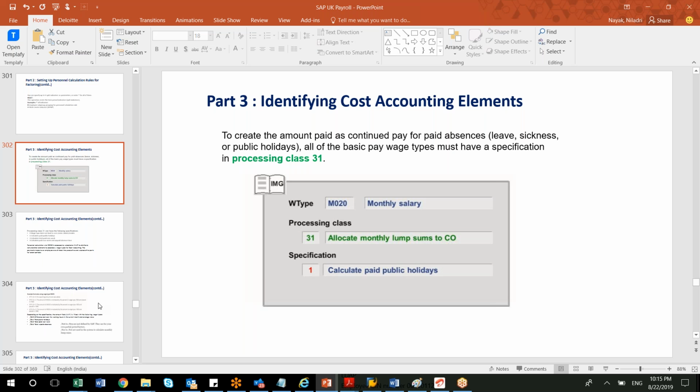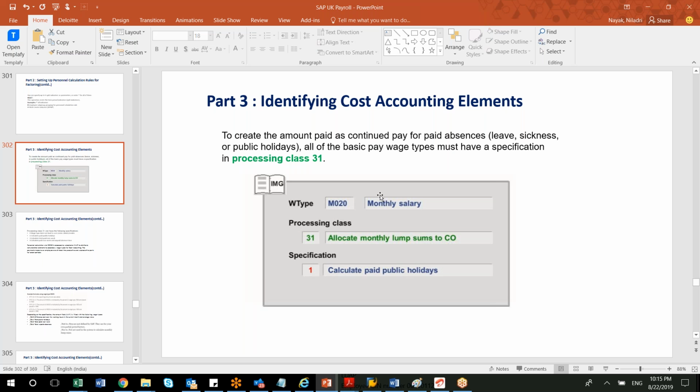In a particular month, the entire monthly lump sum that you are going to pay for those specific wage types, whatever the basic pay or the HRA, those components, is calculated. Here I have given an example of M020, the entire monthly salary wage type. That entire lump sum will be computed in your cost object. That is about the processing class.